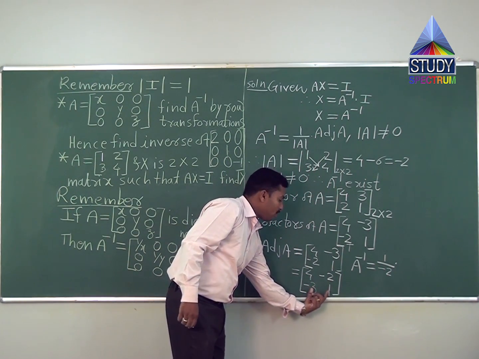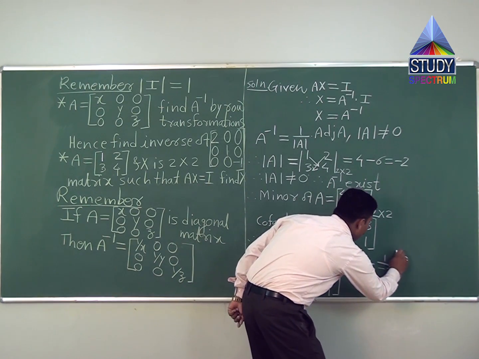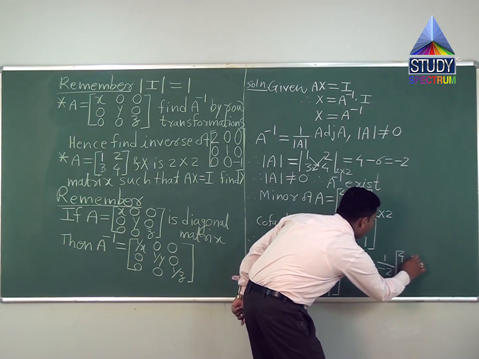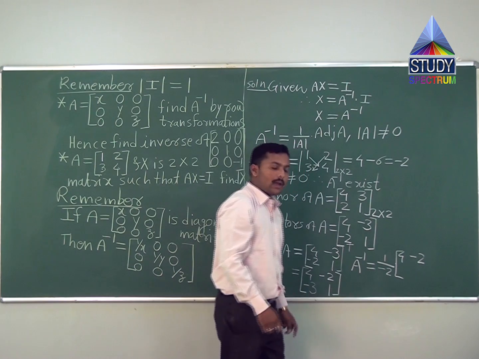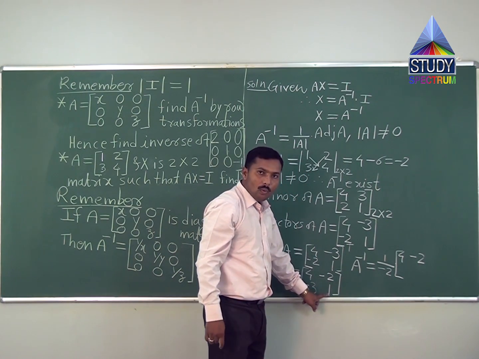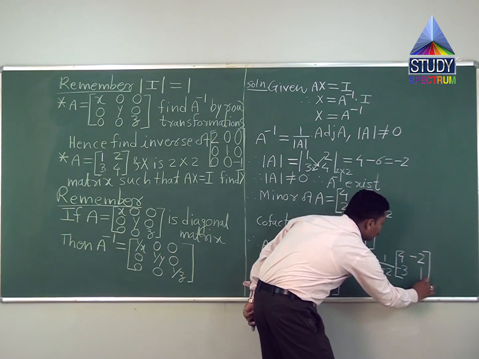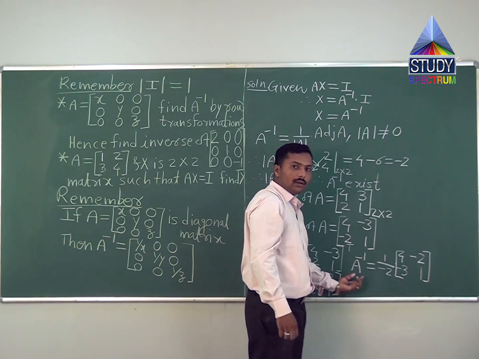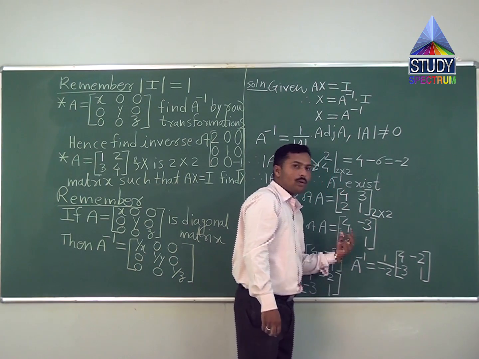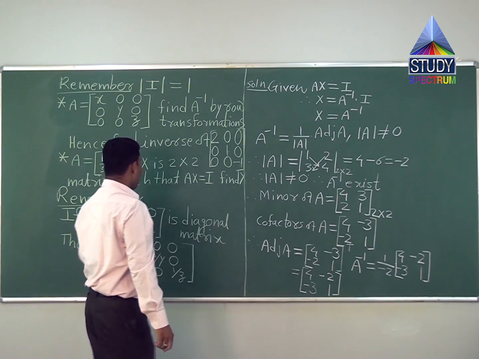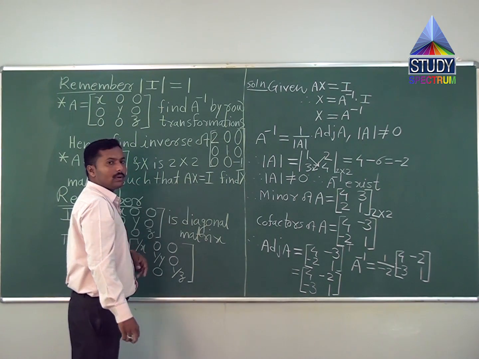This is a matrix: first row 4, minus 2, and last row minus 3, 1. So we have found the A inverse of a given matrix and we finish this problem.